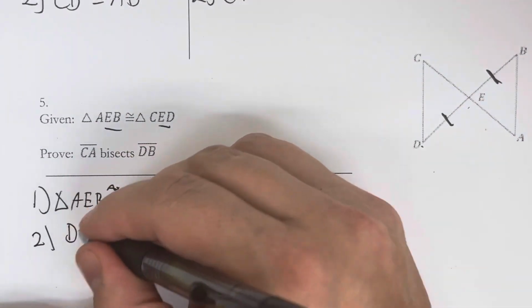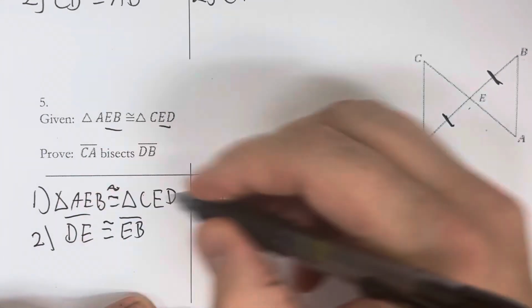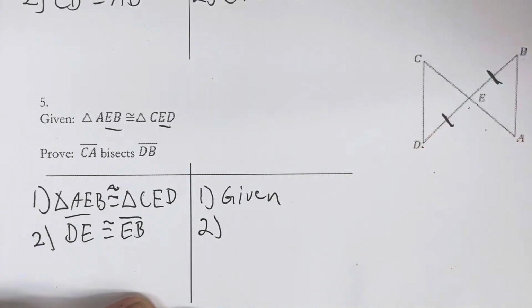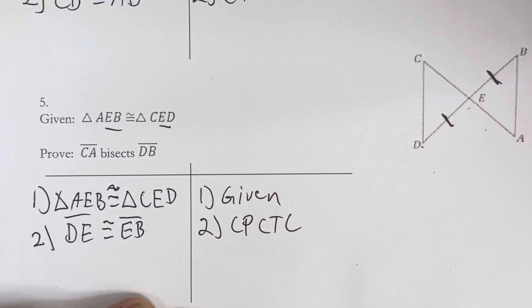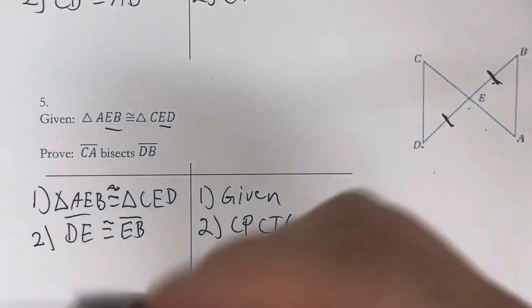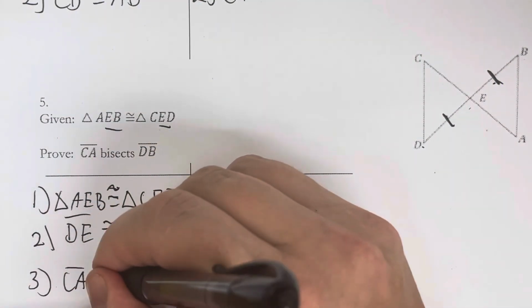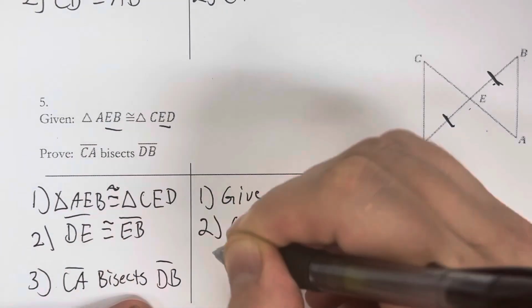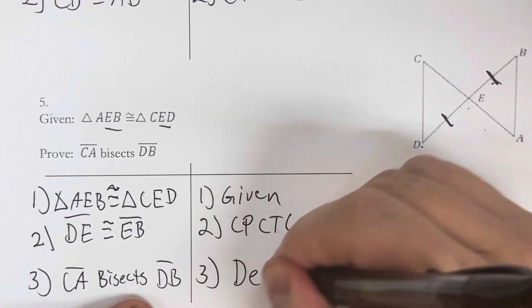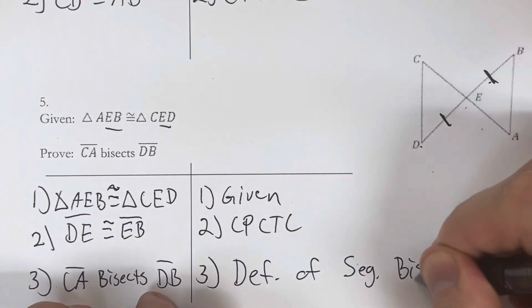So DE is congruent to EB. Reason? We used our corresponding parts. The statement: corresponding parts of congruent triangles are congruent. So since these 2 segments are congruent, now I can say that it is a bisector. So step 3, CA bisects DB. And my reason is the definition of a segment bisector.